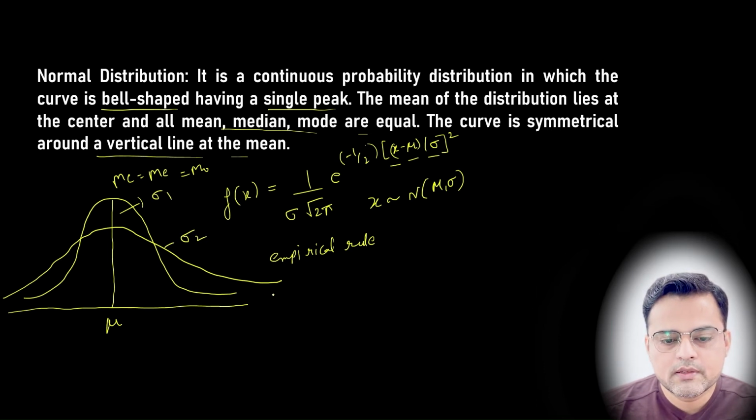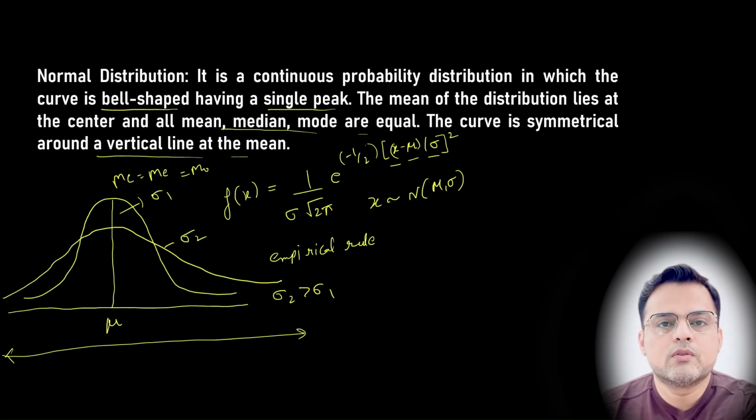So in this case sigma 2 is greater than sigma 1. So a large value of sigma reduces the height of the curve and increases the spread. So this is the spread. Small values of sigma increase the height of the curve and reduce the spread.